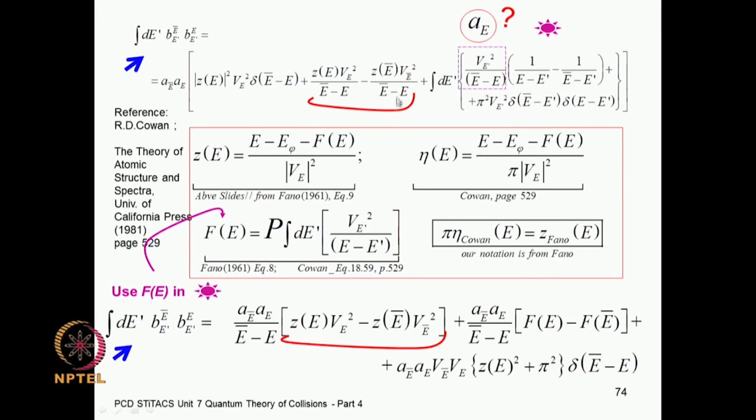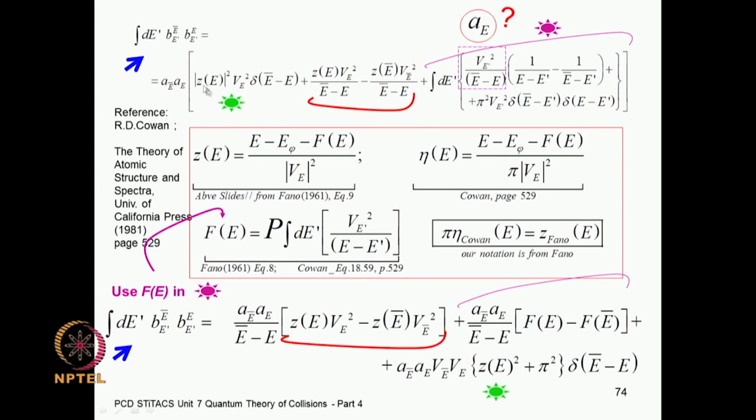First I write these two terms which come here. Then you have these terms in which you have v square over e bar minus e. These are replaced by the principal value integration, f e minus f e bar. These are the two which are coming here.